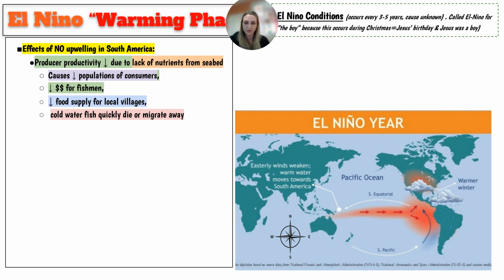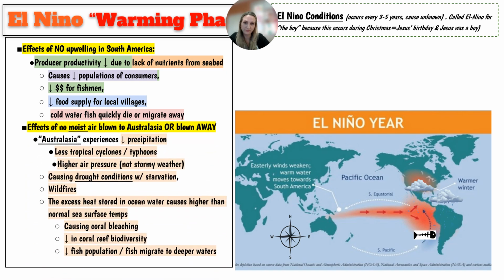So if you don't have a food chain to follow, nothing's going to follow. This will cause a lack of money for fishermen. There'll be a lack of food supply for local villages and regions there. And fish that prefer cold water are going to either migrate or die. Remember, warm water doesn't hold gas as well. They need oxygen. This was the question my students had last year.